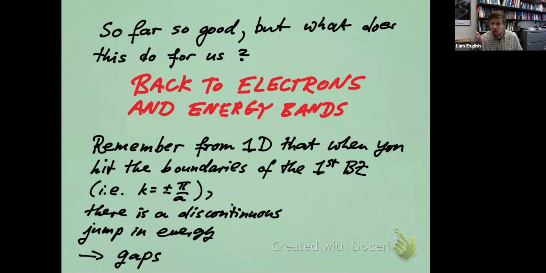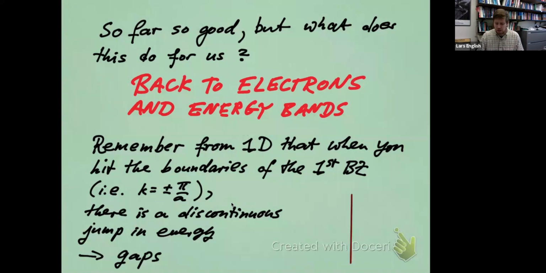So when we hit the boundary of the first Brillouin zone, for instance, in one dimension, that's just a point, pi over a and minus pi over a. When we go along the k-axis and hit one of those special points, namely the boundaries of the first Brillouin zone, then we get these gaps opening up in the energy band, in the energy profile.